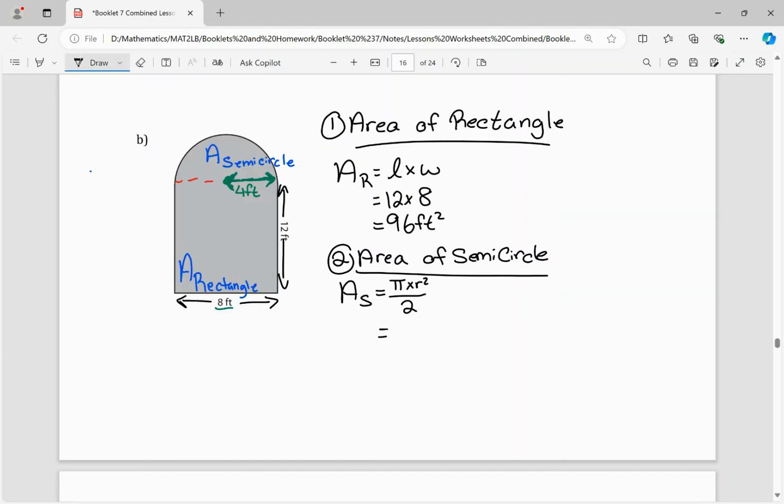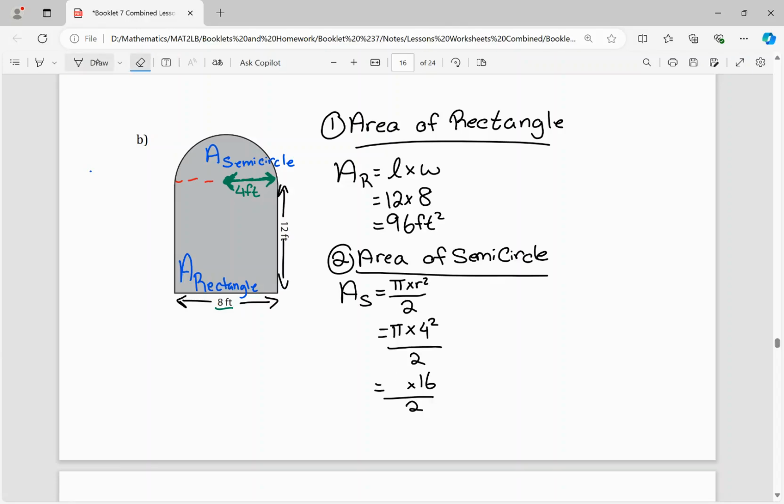So the area of the semicircle is equal to pi times 4 squared divided by 2. Now, using a calculator, we know that 4 squared, or 4 times 4, is equal to 16. So this is like pi times 16 divided by 2. Now, you definitely need to use a calculator for this next step.